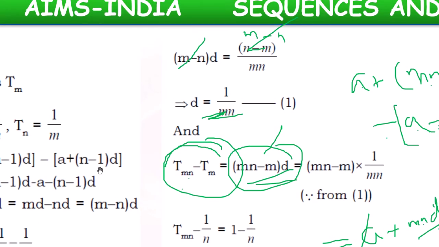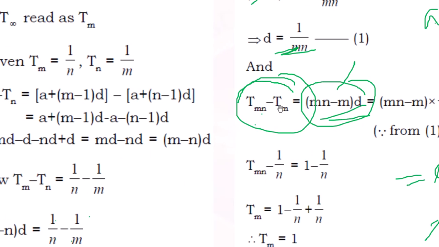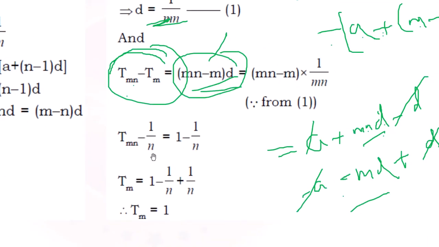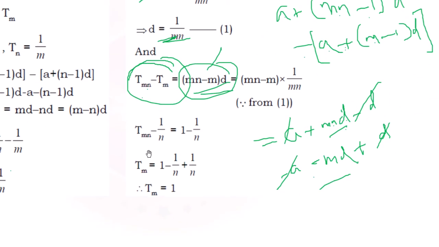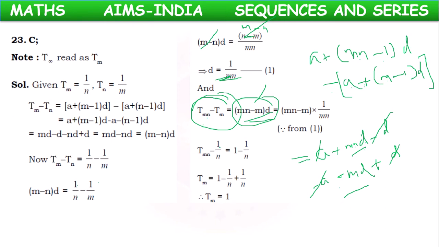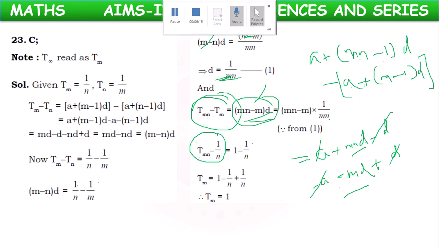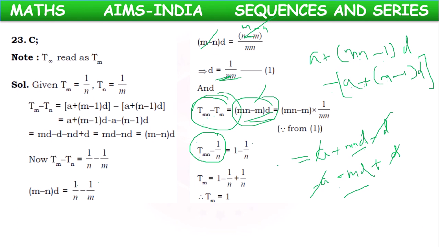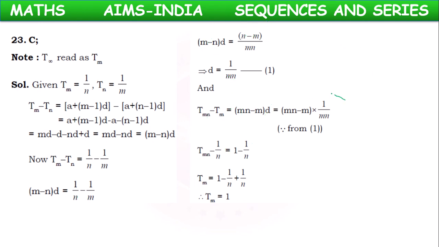And Tm value, already we know Tm value is 1 by n. So, children, if we simplify it, this part is equal to mn by mn minus m by mn.